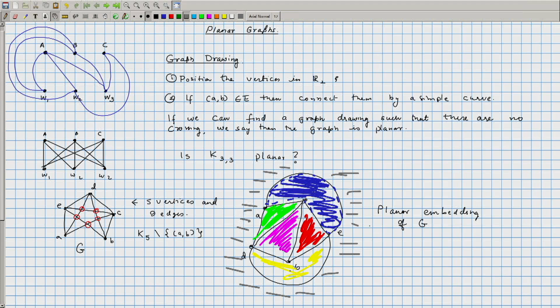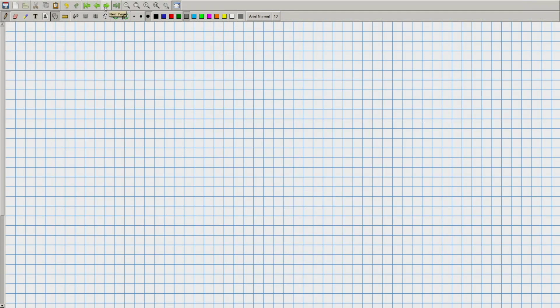So, Euler's theorem basically relates the number of faces, the number of edges and the number of vertices. Let us state Euler's theorem. Before that, let us write down the definition of a face. We will informally think of it as the connected regions in a planar graph drawing is called a face.